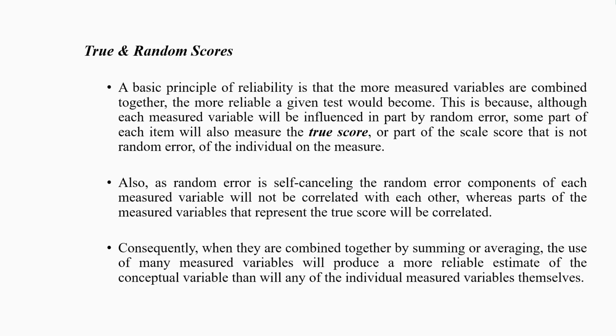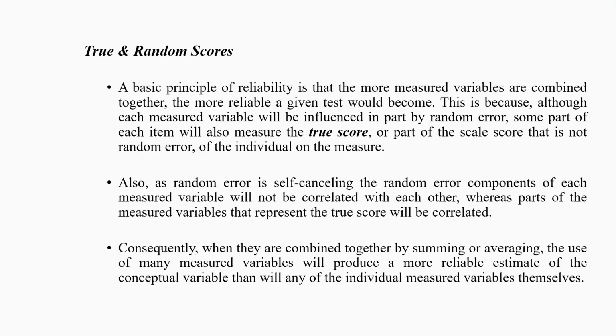Also, and just repeating myself, as random error is self-cancelling, the random error components of each measured variable will not be correlated with each other. So, anyway, they will not figure in the correlation. The parts of the measured variables that represent the true score will be correlated.